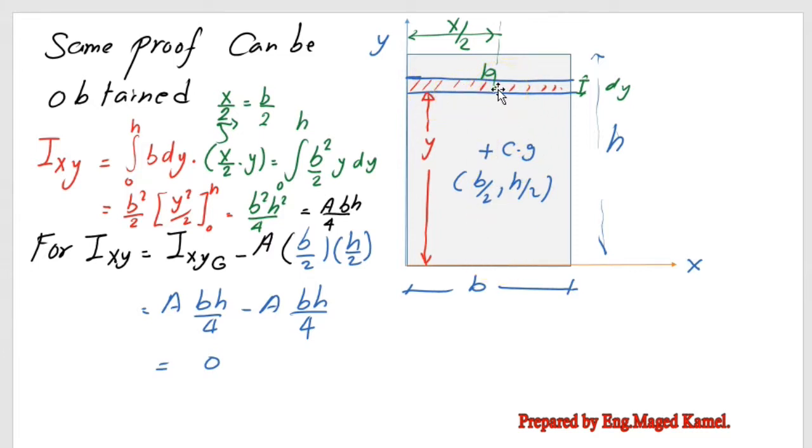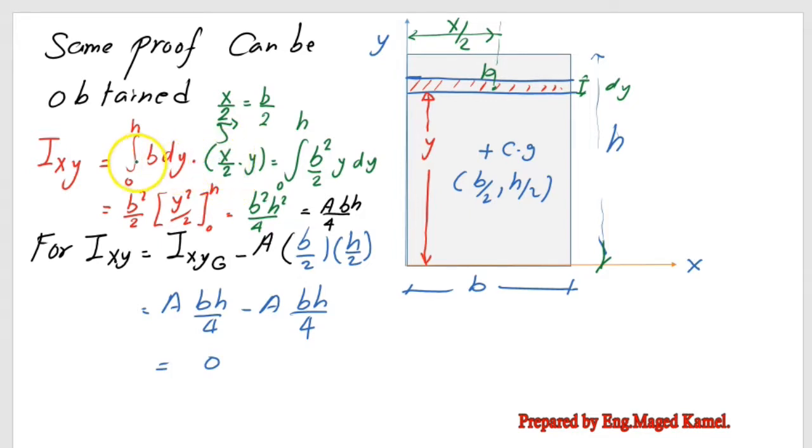Since this is a rectangular strip, its horizontal distance will be x over 2, which is equal to b over 2. So our Ixy equals the integration starting from y equal to 0 and ending at y equal to h, of b dy, which is the area, multiplied by x over 2, multiplied by y, while x over 2 equals b over 2.